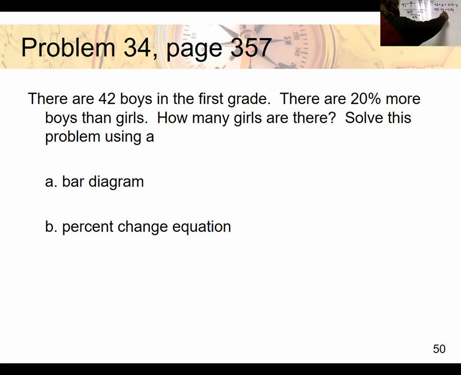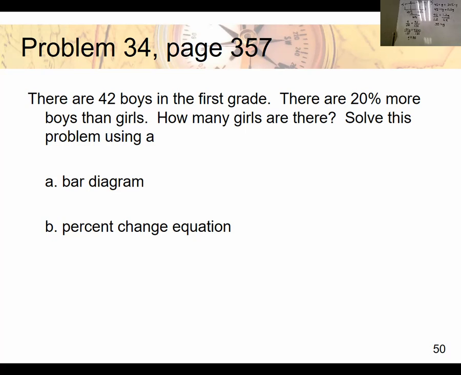If I combine these two like terms, 1G plus 0.2G will be 1.2G. Then divide both sides by 1.2. That means G is equal to 35.